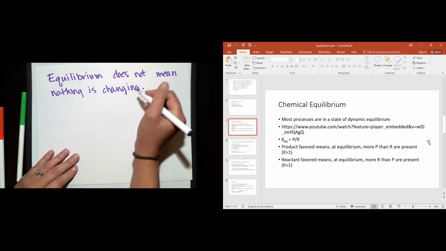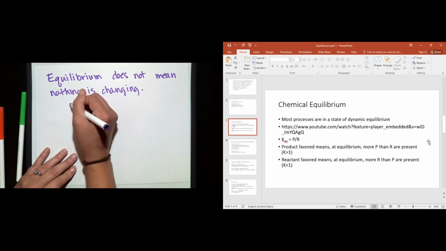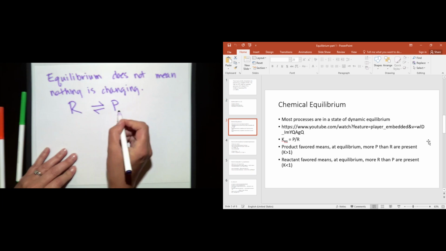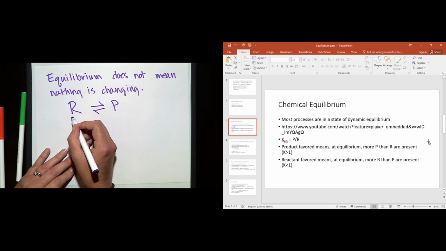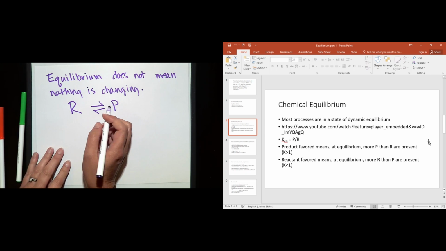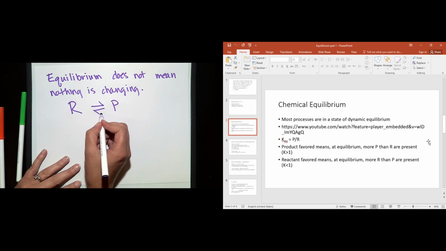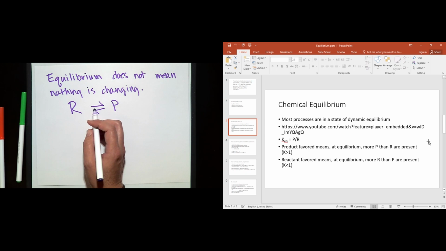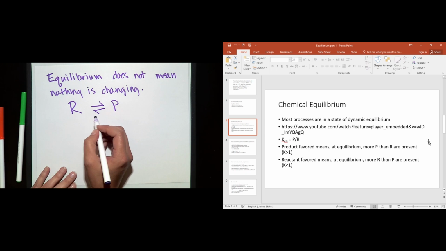When you zoom in, reactants are always converting back and forth into products and then back to reactants. So most processes are not one direction only. You can come up with some exceptions, but generally, and certainly in what we call solution chemistry, which is what we focus on a lot this semester, these are always interconverting.